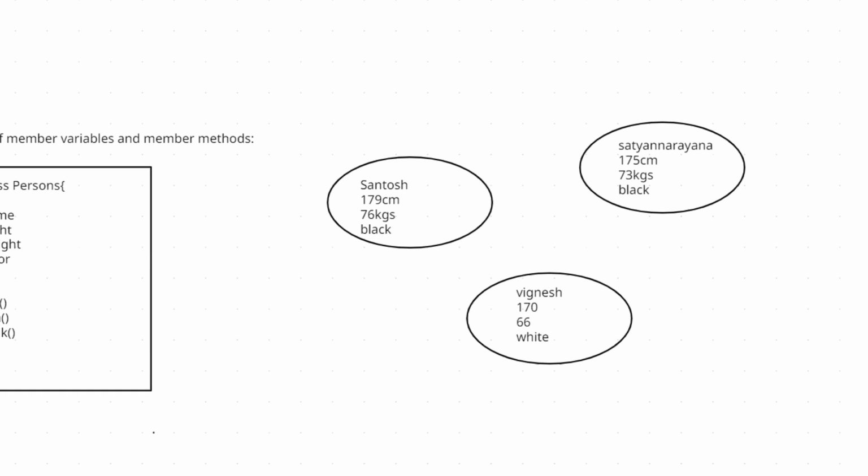Now coming to Java also, there is a class. Class is a kind of blueprint or model. By using that only we are creating objects. Once you create the object, by using that object, you can access the data. You can use the data.